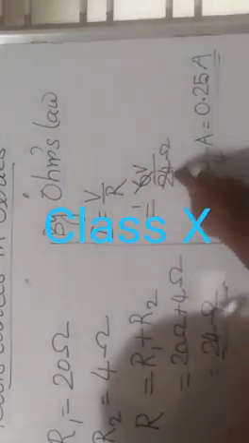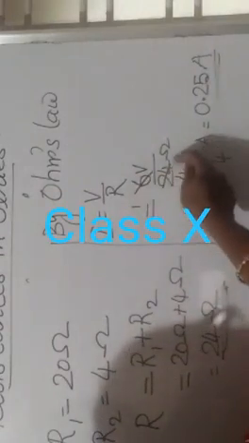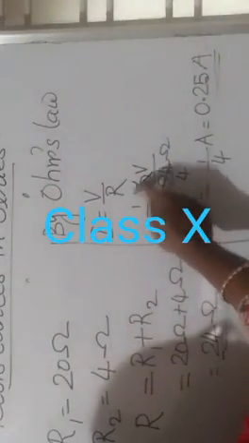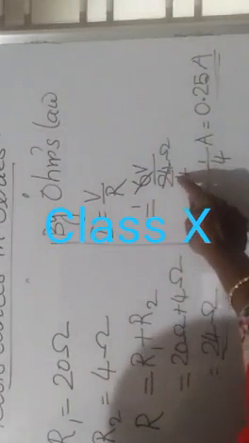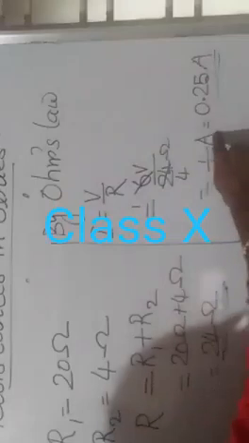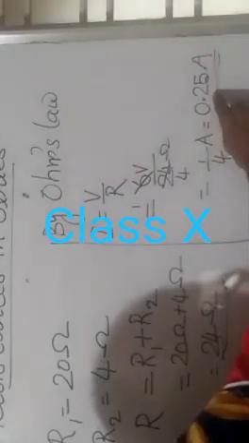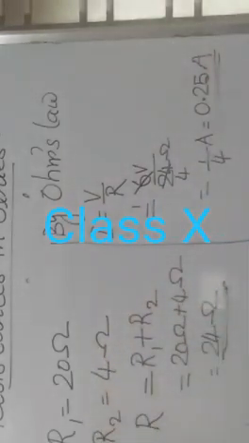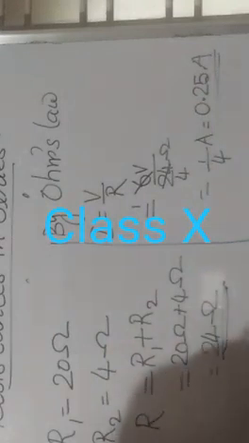So 6 by 24, that means 6 and 24 we can cancel. 6 ones are 6, 6 fours are 24, 1 by 4 we got, that is the current. So the unit is ampere. 0.25 ampere is the answer for this problem.